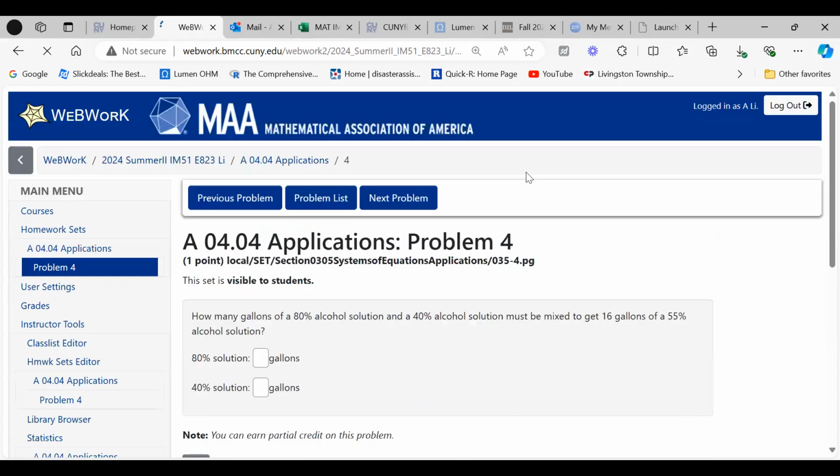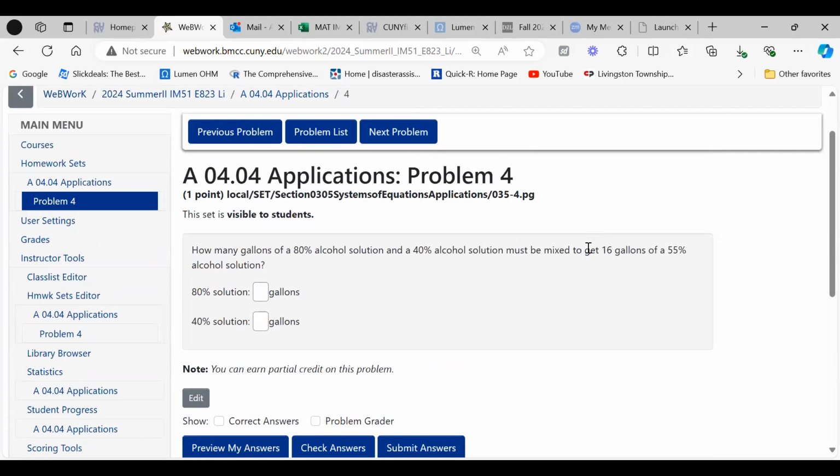Let's look at the next type of question. So this is the alcohol solution. I'll let you guys try this, right? Give it a shot.